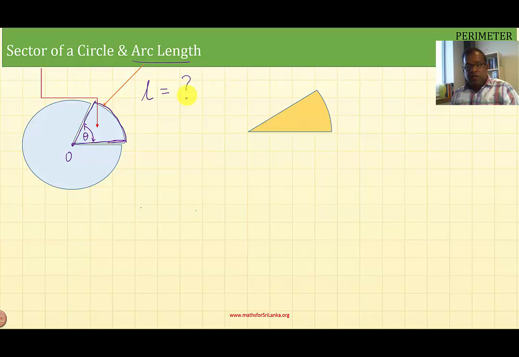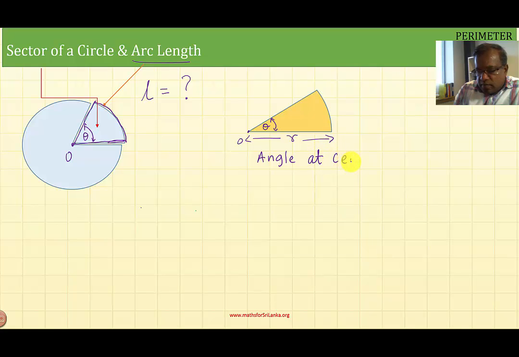So we want to figure out a formula for that. Now, what you see over here is a sector. Again, this is the center, and the distance from the center to any part of the circumference is called the radius. And here is the angle at the center. The important phrase right now is angle at the center.